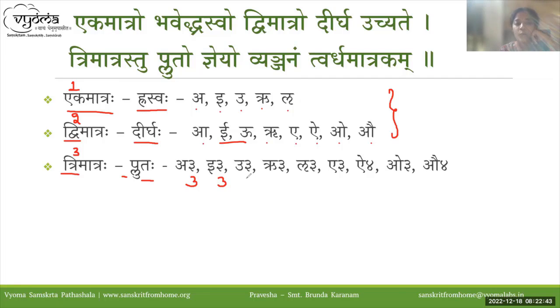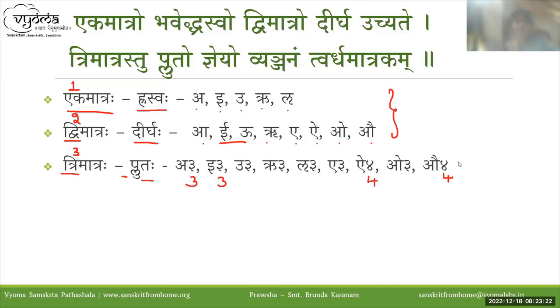E also is 3. A, i, u, r, l are shown with 3, and ai and au are shown as 4, because their pronunciation is slightly more than the others where 3 is shown. These are even longer swaras, and for ai and au it is a little longer.